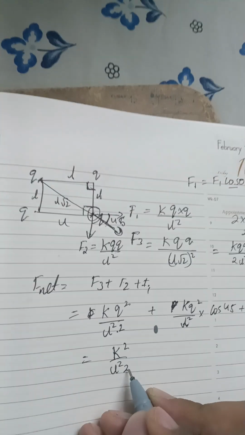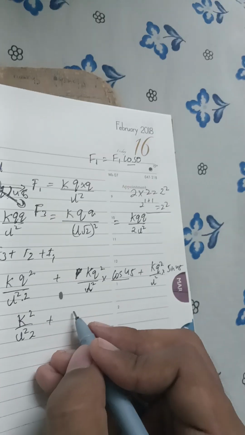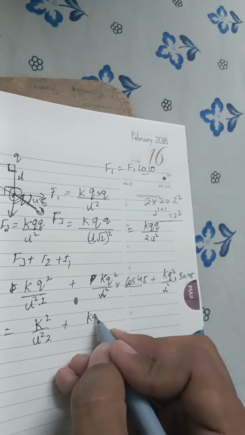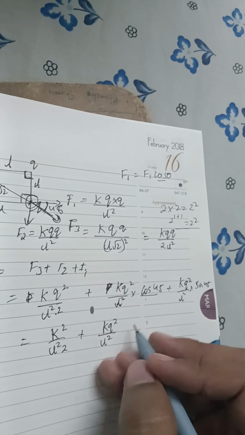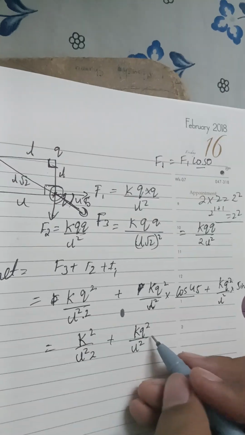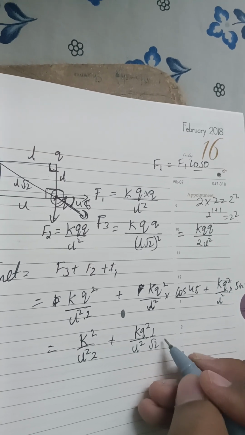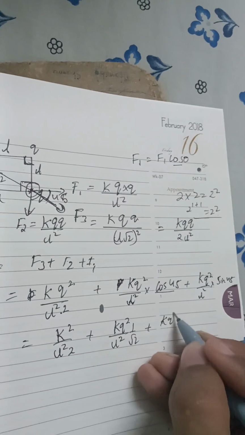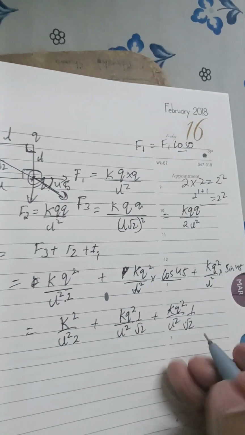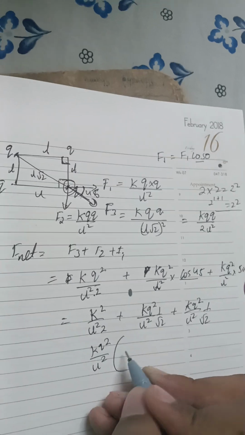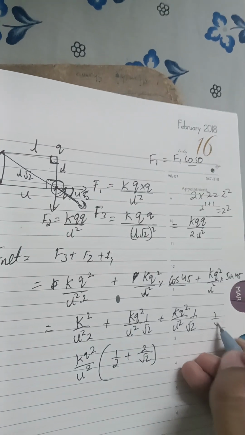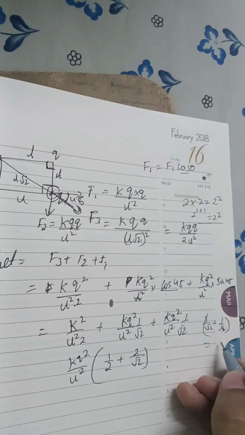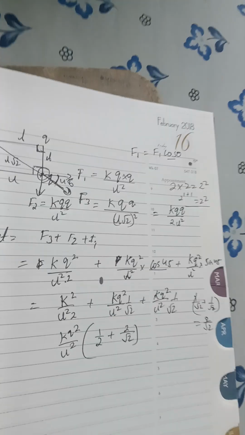K Q square by L square, 2 plus cos 45 and sin 45 have the same value, so we can take common K Q square by L square into 1 by root 2, then 1 by root 2 plus 1 by root 2 is equal to 2 times root 2.